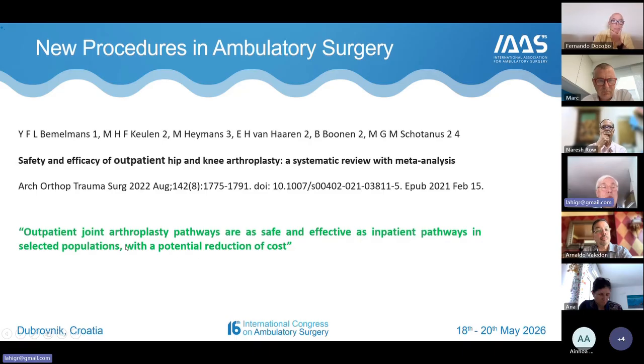And the conclusions were outpatient joint arthroplasty pathways are as safe and effective as inpatient pathways in selected populations with potential reduction of cost. So to summarize, reduction of cost, but always under safety.